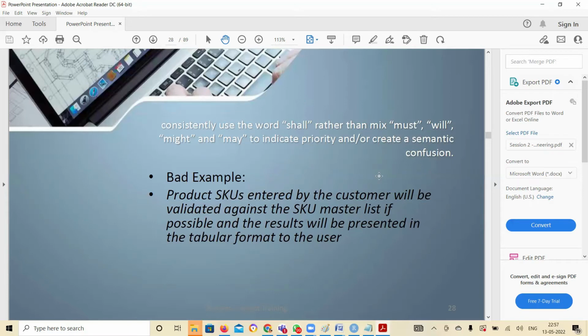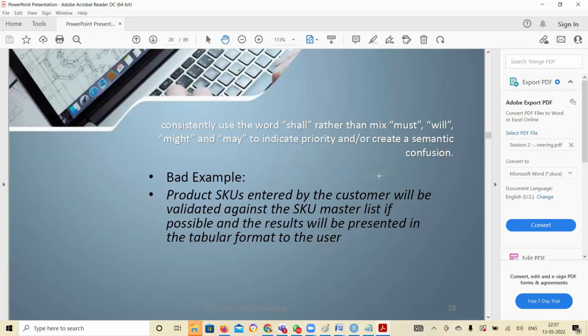Product SKUs entered by the customer will be validated against the SKU master list if possible, and the result will be presented in the tabular format to the user.